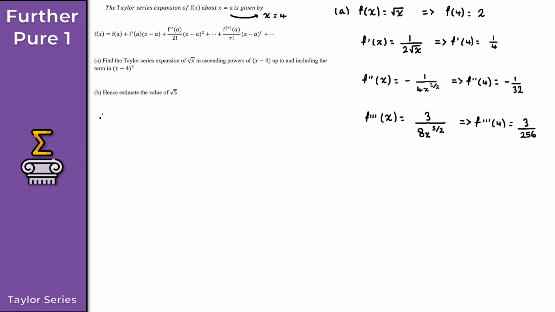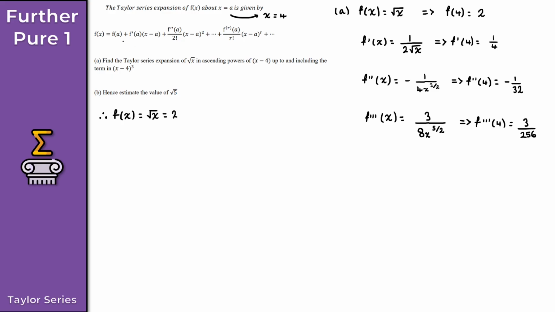At this point, we now have everything that we need to find the relevant Taylor series expansion. So f of x is equal to, and what we're going to do is use the result that we were given at the beginning of the question. So f of x equal to root x is equal to f of a, which is f of 4, which is 2.